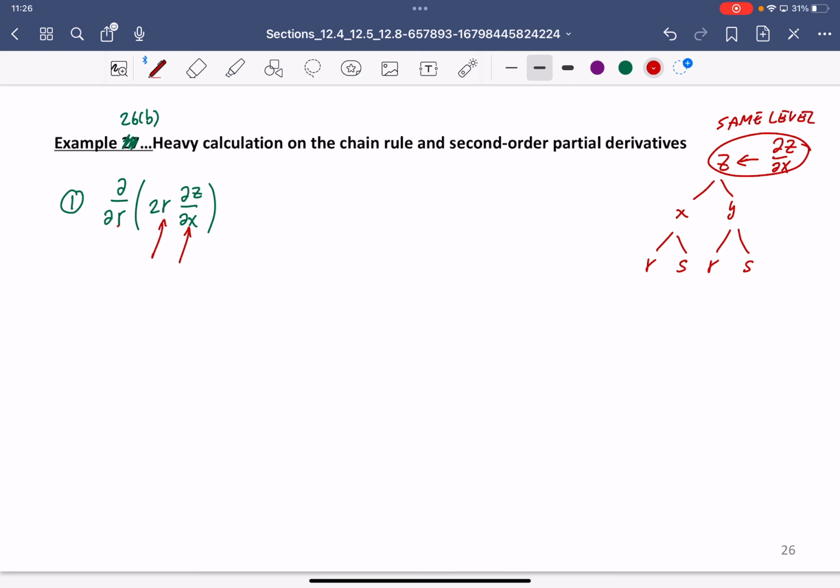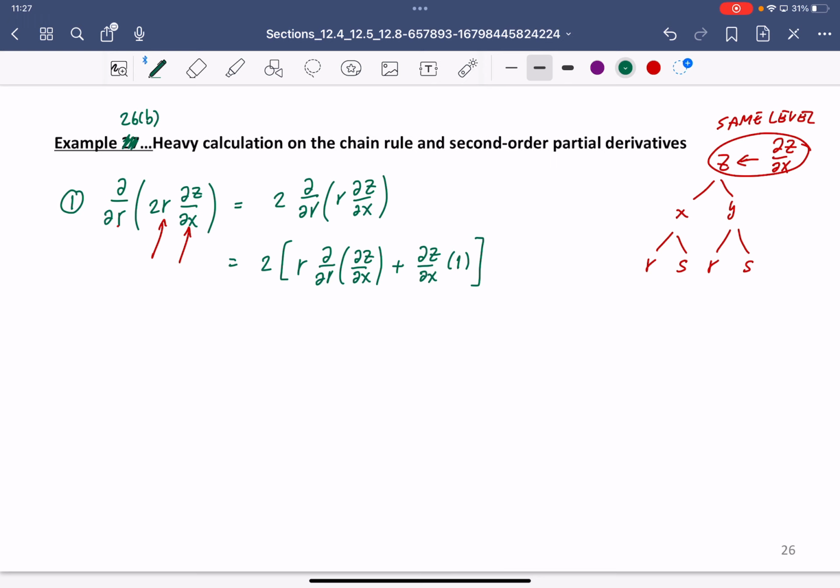So which means once you apply the product rule, you can pull out the number 2 first if you want to. Pull out the 2. And then when you do the product rule, it's going to be 2 times r. The product rule is going to differentiate this thing one more time, and then you keep this thing and differentiate r, which is 1.